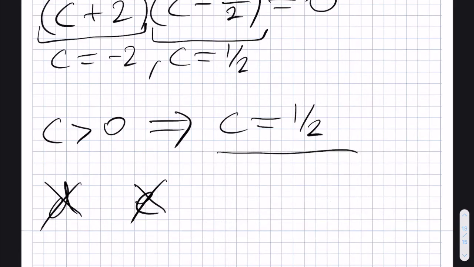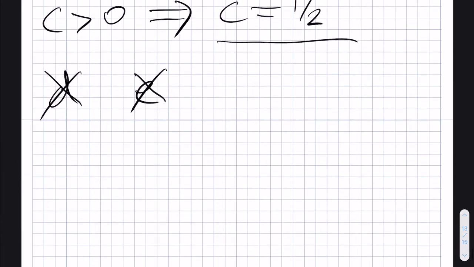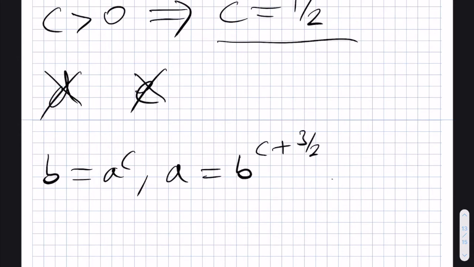Now that we've got the particular value of c, we can then proceed to try and find equations relating a and b. Recall that our original equations in exponential form were b equals a to the c, a equals b to the c plus 3 over 2, and a equals c to the power of b. However, now that we've fixed the value of c, these two equations are identical, because we set them equal, eliminated a, and then found the value of c.